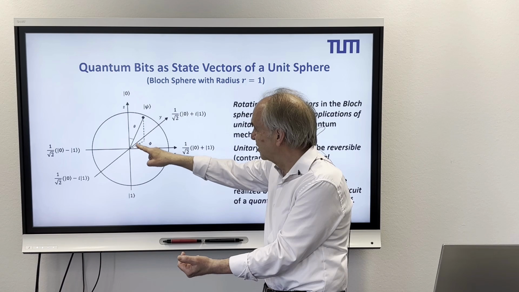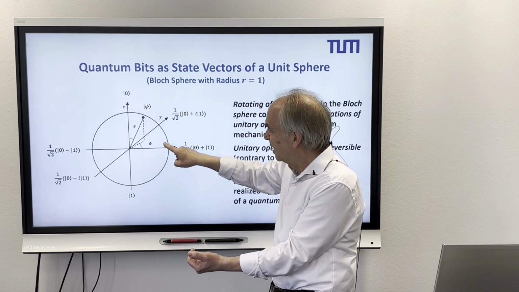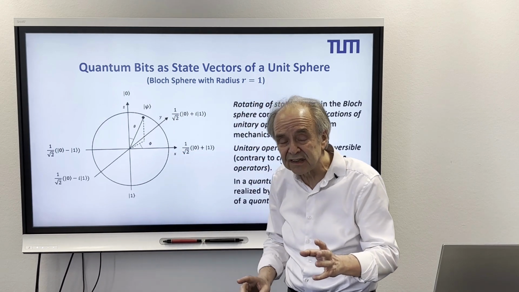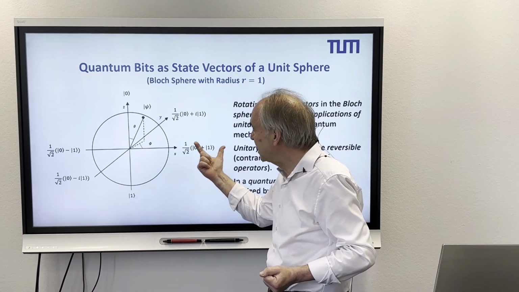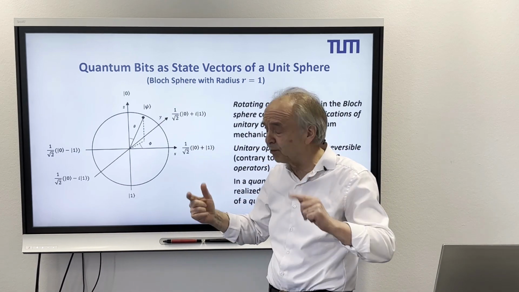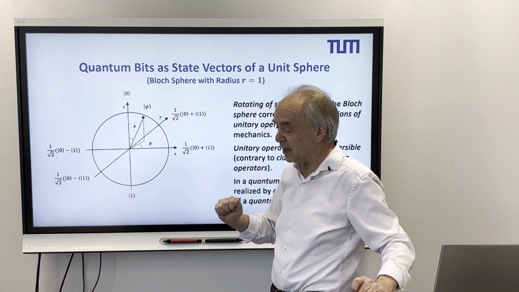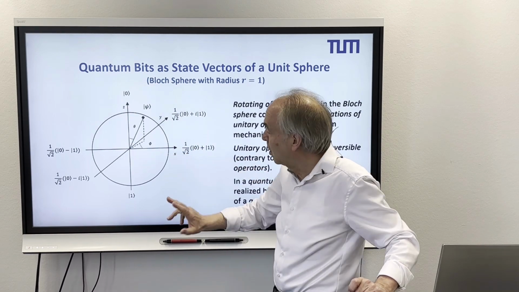And here is the vector, and this is a special situation. The vector has equal distance to both. And that means, in the interpretation of probability, that the vector indicates a situation with equal probability of 0 or 1.